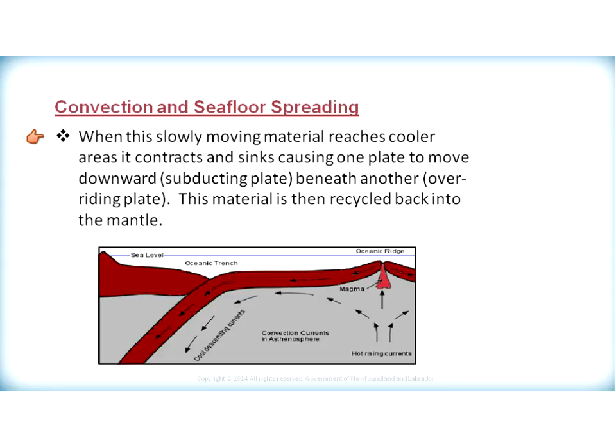So if we look at Hess's ideas behind plate tectonics and seafloor spreading, we notice that in areas where we have a lot of heat rising, these currents tend to rise upward and move outward in opposite directions.